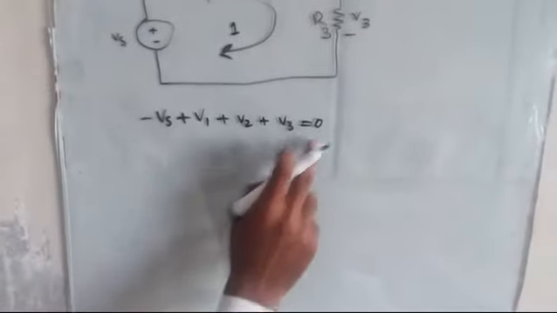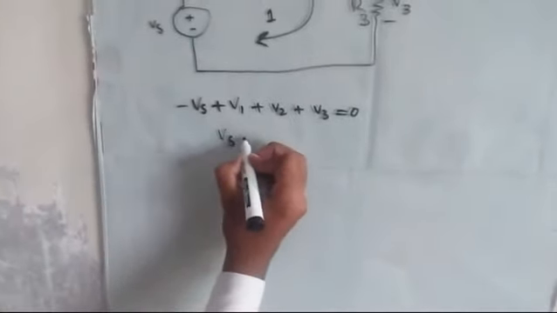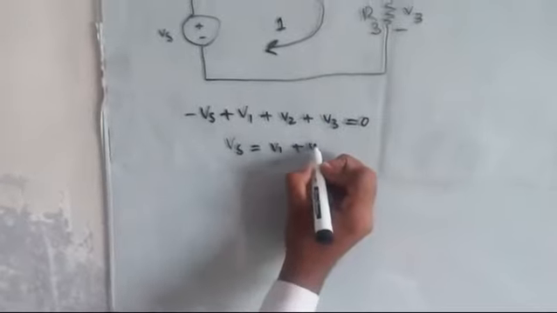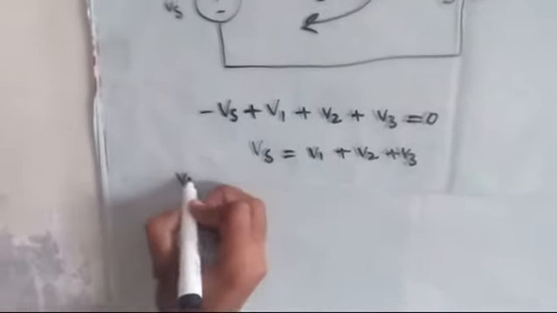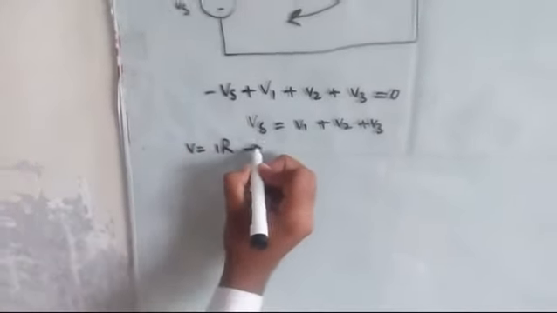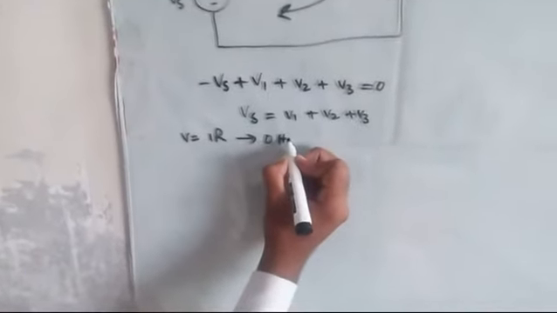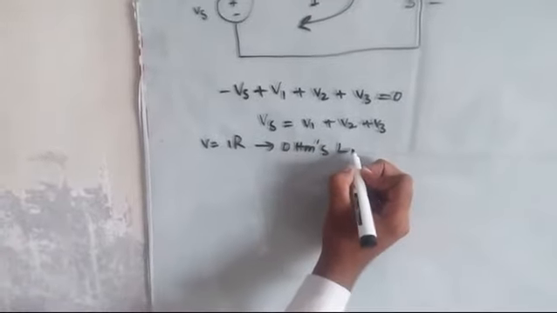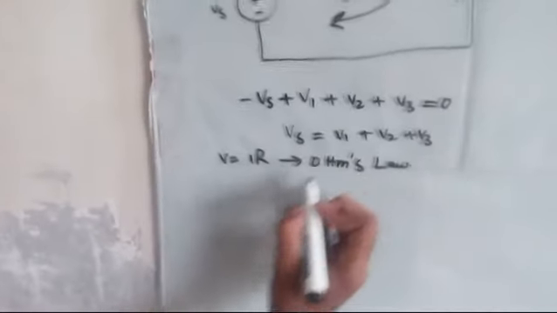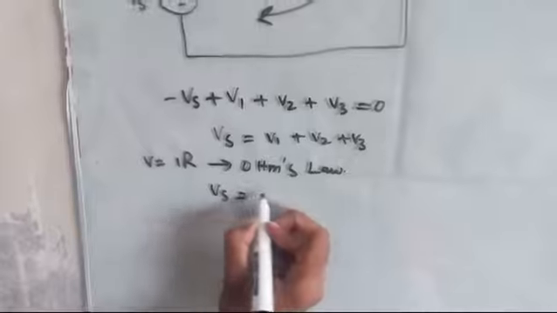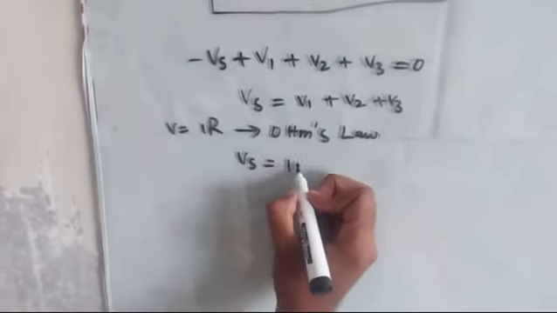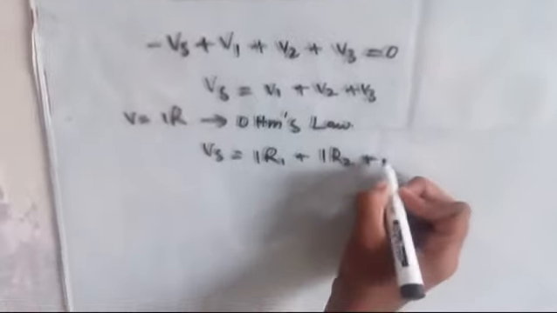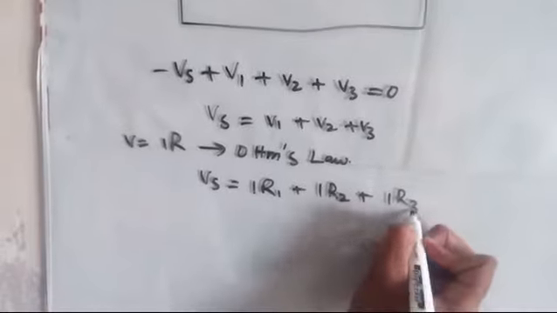This minus Vs goes on the other side, it will become positive, so Vs is equal to V1 plus V2 plus V3. According to Ohm's law, V is equal to IR. So this can be written as Vs is equal to, since V1 is equal to IR1, V2 is equal to IR2, V3 is equal to IR3.